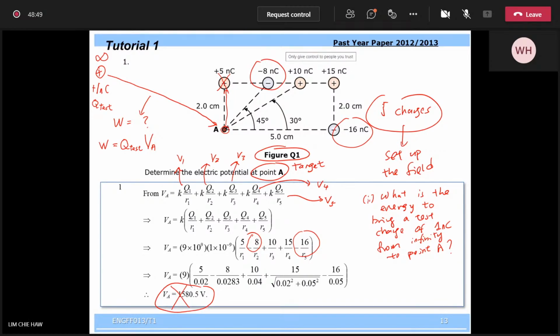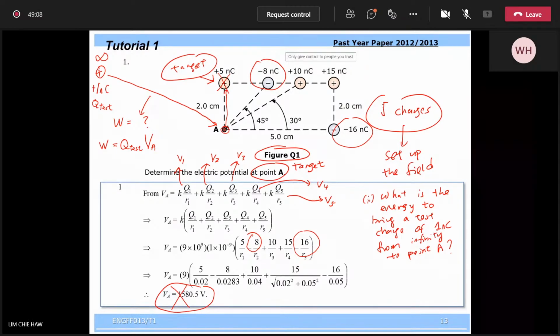Because now you try to move your test charge to this point. According to your question, the location of this 5 nanocoulomb charge will be the target of the question. Understand? Clear or not?